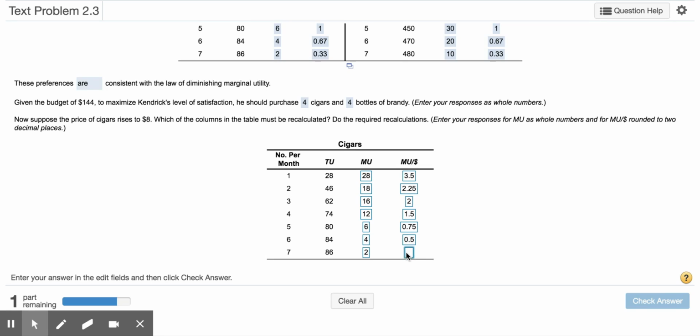And 2 divided by 8 is 0.25. This is the easy part.